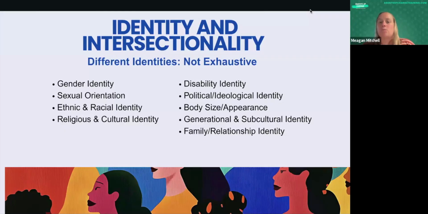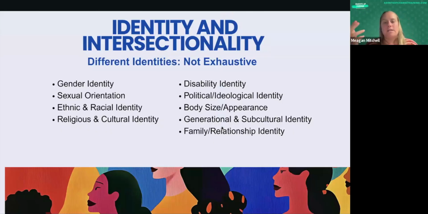Everyone has a different relationship with their family system. Some people's blood family isn't who they identify as someone that is part of their family. So economic identity too, right? I have worked in many different settings, and socioeconomic status and wealth, wherever someone comes from, definitely may have an influence on what you're seeing clinically. So these are just things that we put out there in our case consultations to think about, which was really helpful as a reminder that there's more than just a couple identities, and they often intersect.